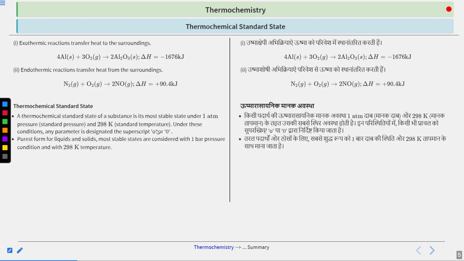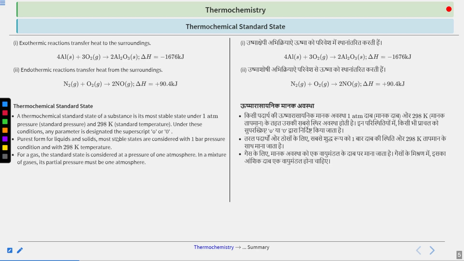Clear? So the purest forms of liquids and solids, the most stable states, are considered at 1 bar pressure and 298 Kelvin. If you are taking a solid or a liquid, you take the pressure as 1 bar and keep the temperature at 298 Kelvin.